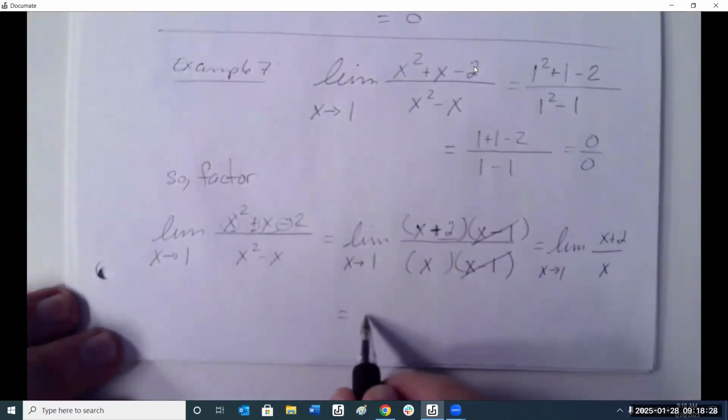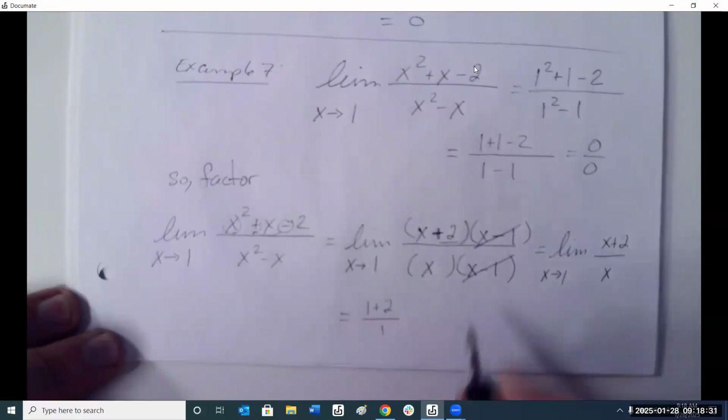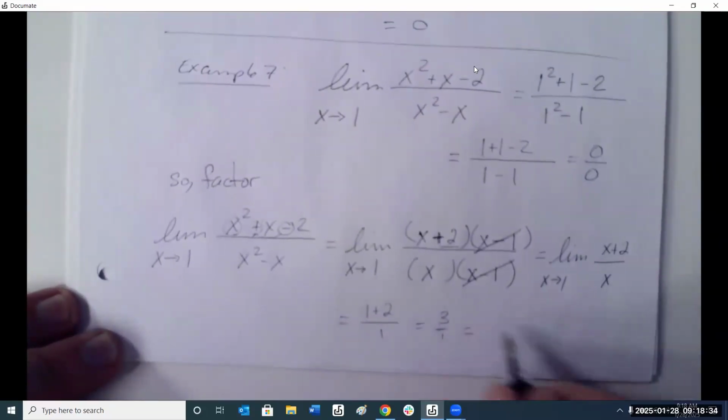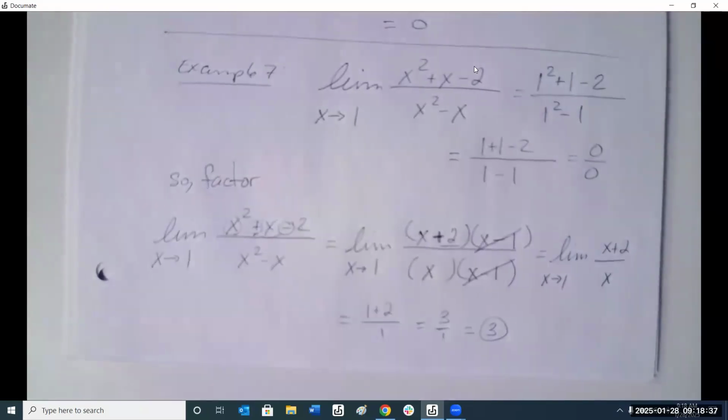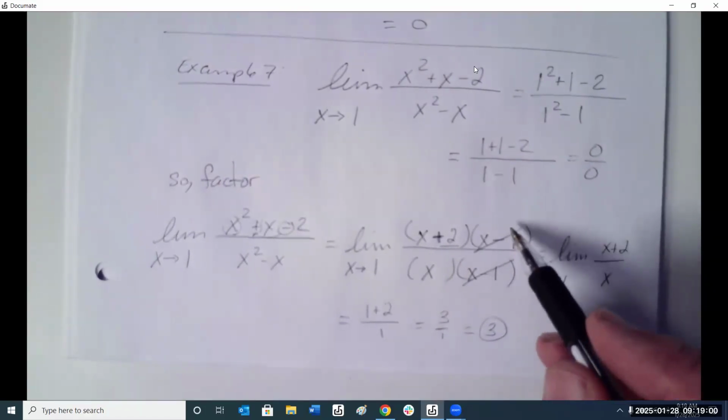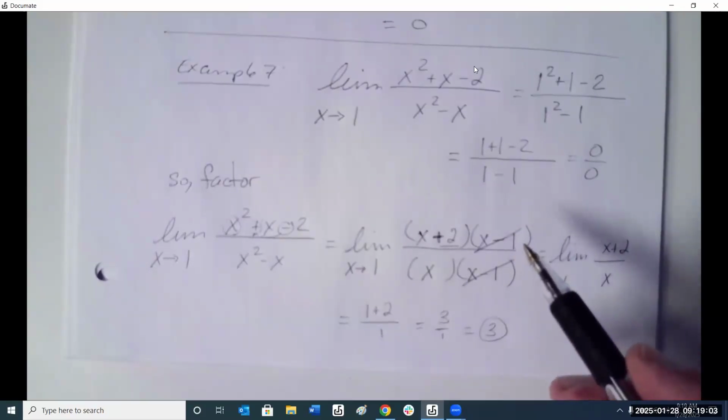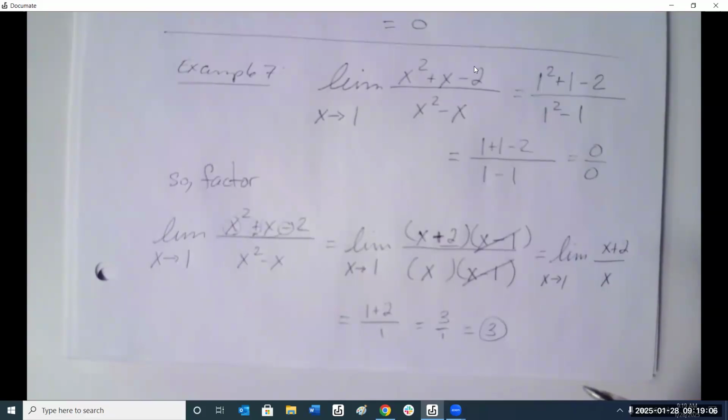Plug in 1. 1 plus 2 over 1. Our value is 3. So remember, since we canceled out an x minus 1, our hole occurs at which value of x? 1.